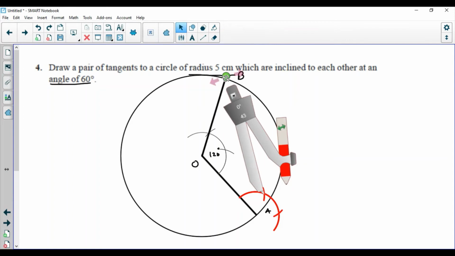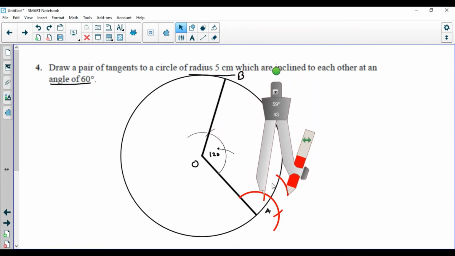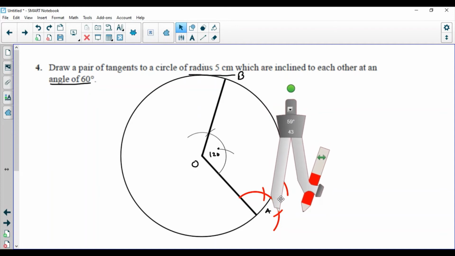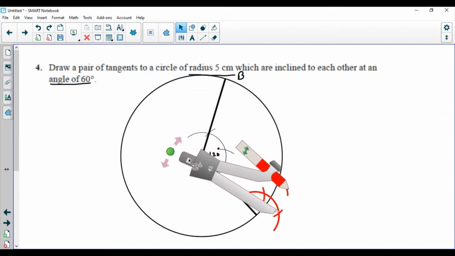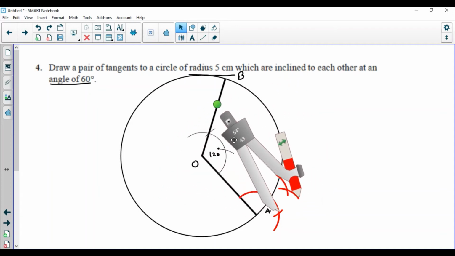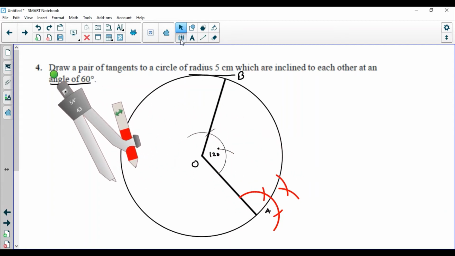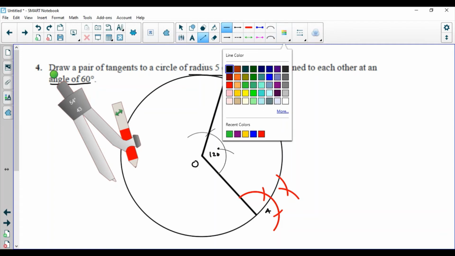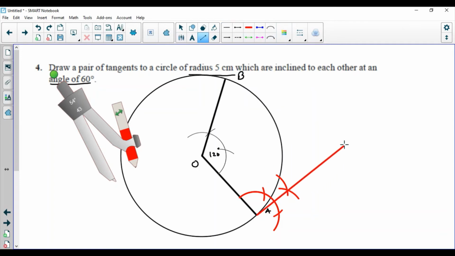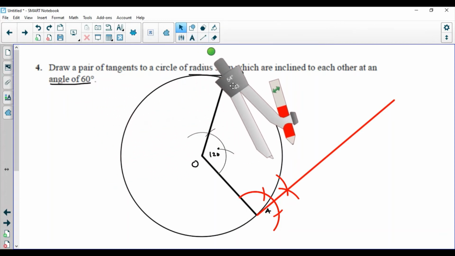So if we bisect this one, we will get 90 degree angle, isn't it? So join them. This one, this point, this point. So this will give 90 degree. Okay, same we have to do at B point also. So at B also we have to draw 90 degree.